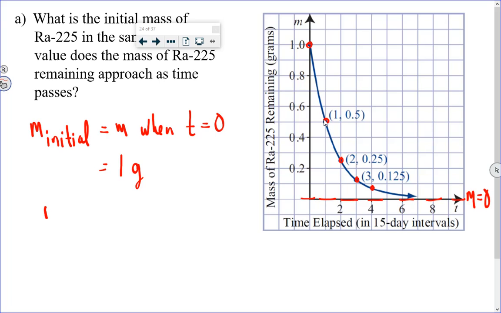So as t gets bigger, approaching infinity, the mass approaches 0. It never reaches 0. Unless we're in a physics class where I'll tell you different, okay? But mathematically, it never reaches 0 because of that asymptote.